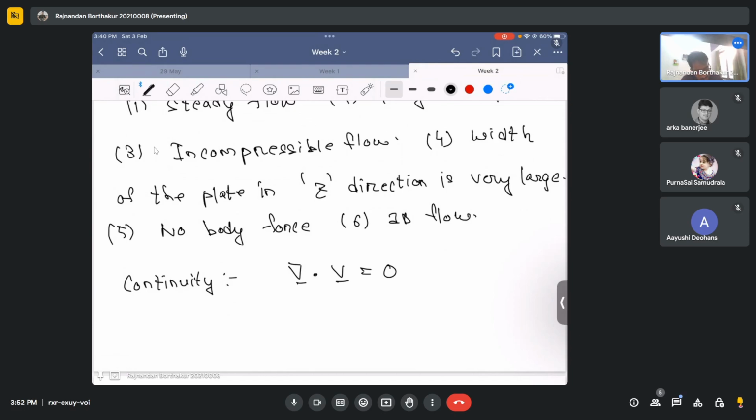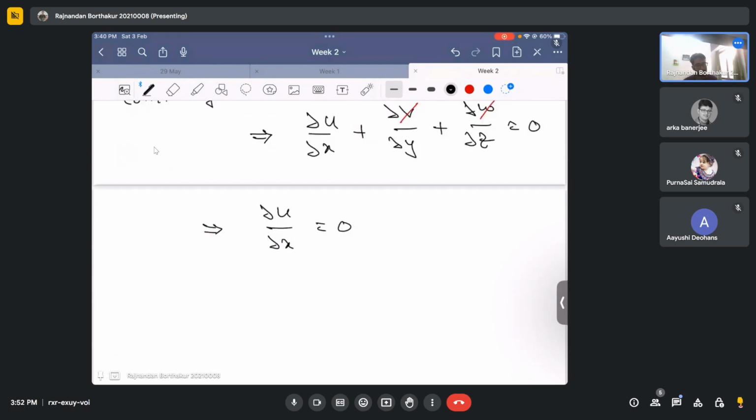Now the very assumption that we are considering a 1D flow means that v is equal to 0 and w is equal to 0, which now means that del u by del x is equal to 0 from the continuity equation. That's fine. But can you tell me what does this mean? What does this imply?